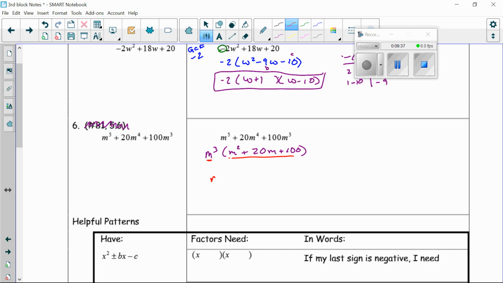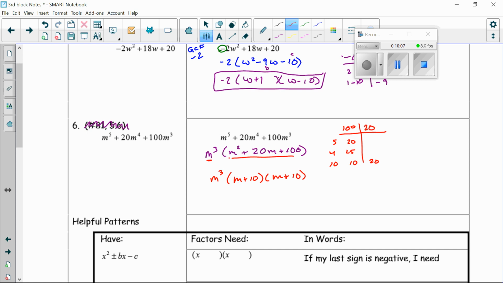This m cubed will just keep coming down. So I need to know what multiplies to 100 and adds to 20. Well, 100 is 5 and 20, 4 and 25, 10 and 10. Those would add to 20. So I have m plus 10 times m plus 10.